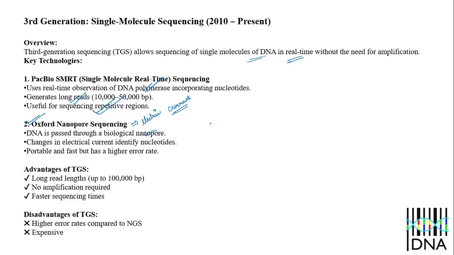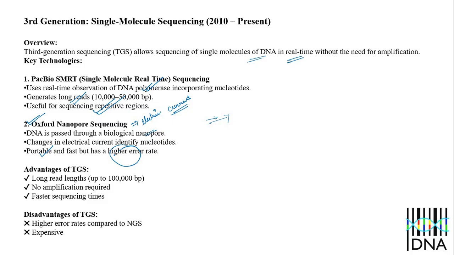Whenever a new nucleotide passes through the nanopore, there is some variation in current, and this variation is detected by the detector. It is portable and fast, but the error rate is very high.